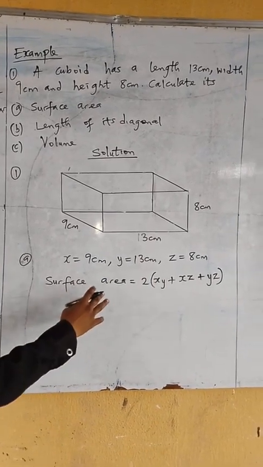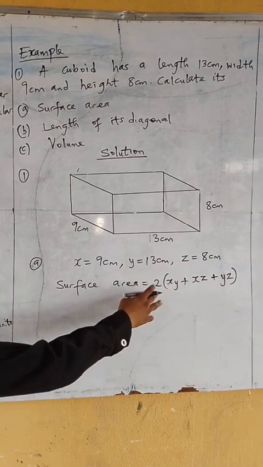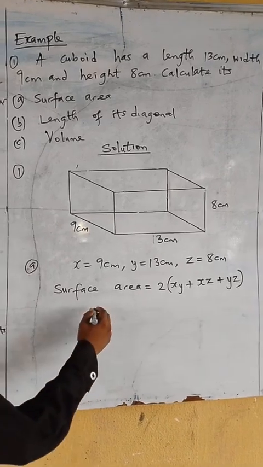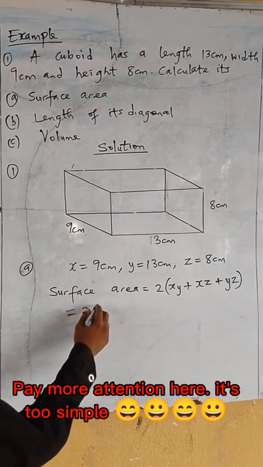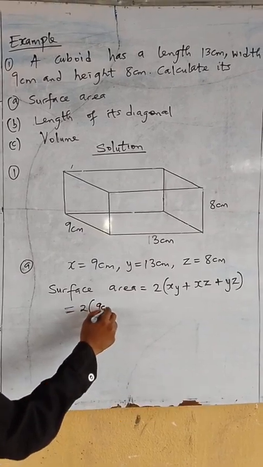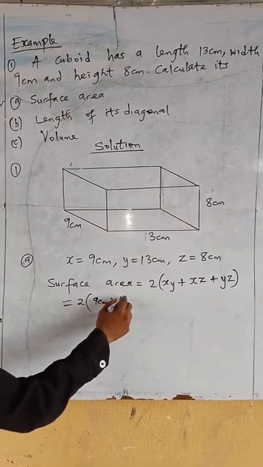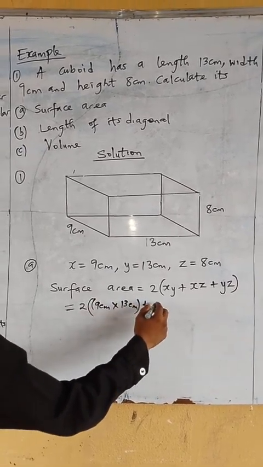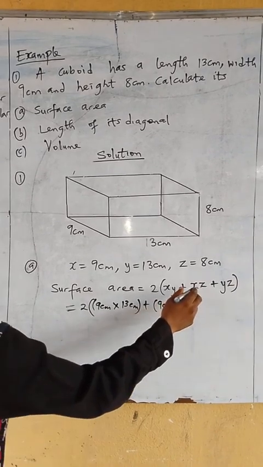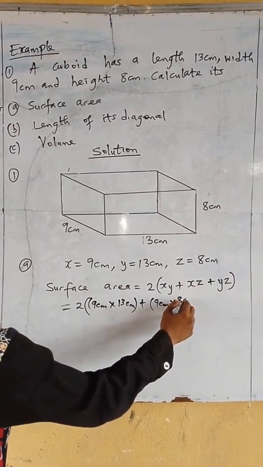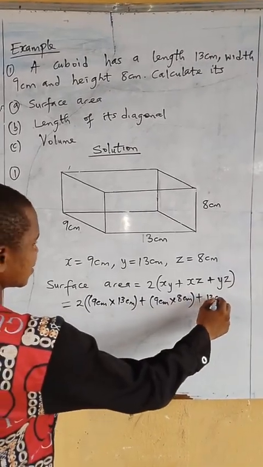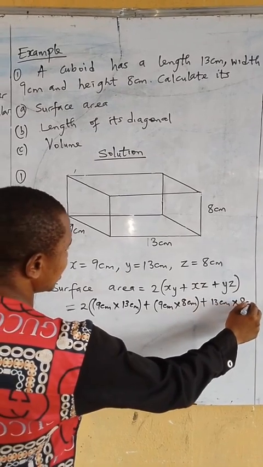And don't forget that the surface area formula is 2 into bracket xy plus xz plus yz. So we are going to have 2 into bracket x is 9 centimeter multiplied by 13 centimeter, plus 9 centimeter, that is xz, times 8 centimeter, plus 13 centimeter times 8 centimeter.